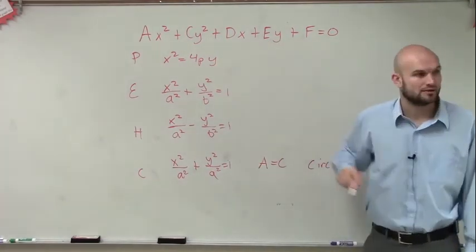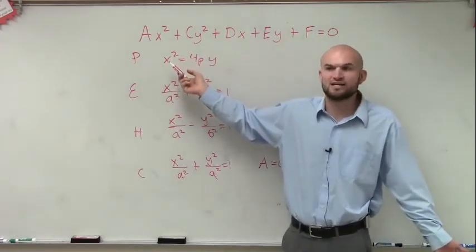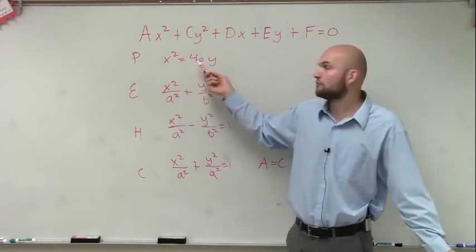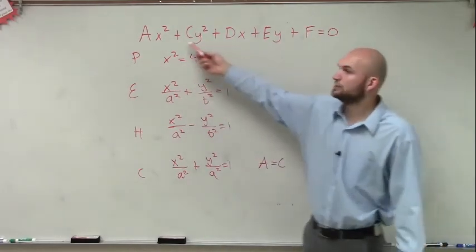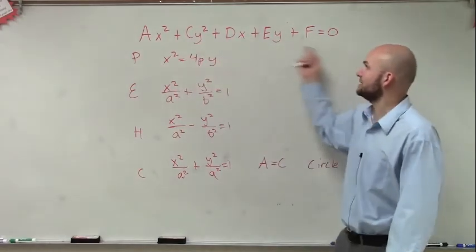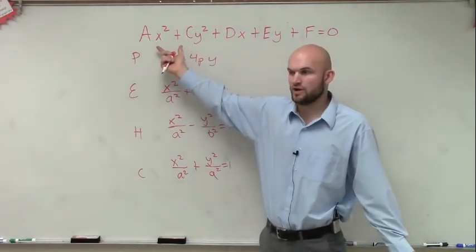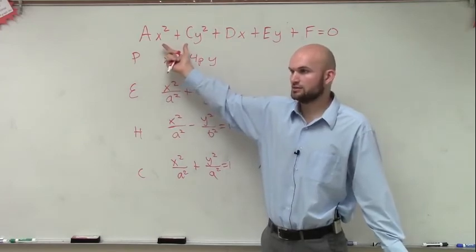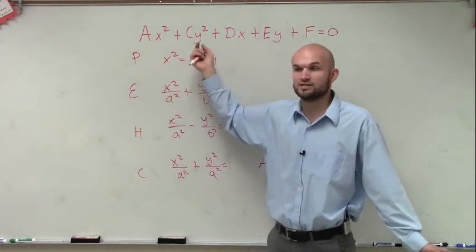Let's look at a parabola. On a parabola, we only have one squared term. It's either x squared or y squared. In this case, I have an x squared, so I would have a 0 as the coefficient of y squared. So if I gave you a formula in this format, a or c, one of them would have to be 0, correct? Yes, John? Only one of them has to be 0 because there's only one x squared or one y squared.